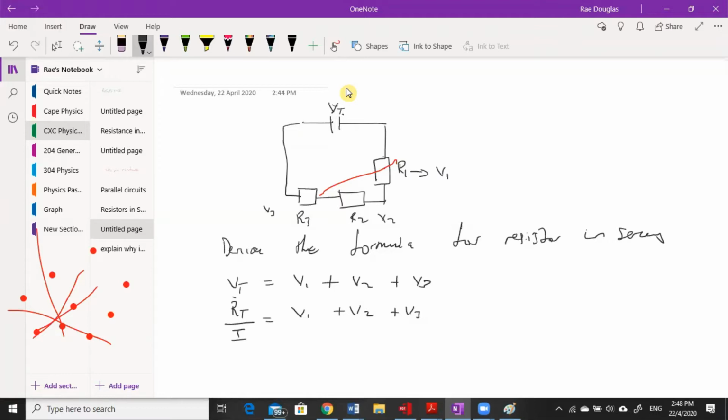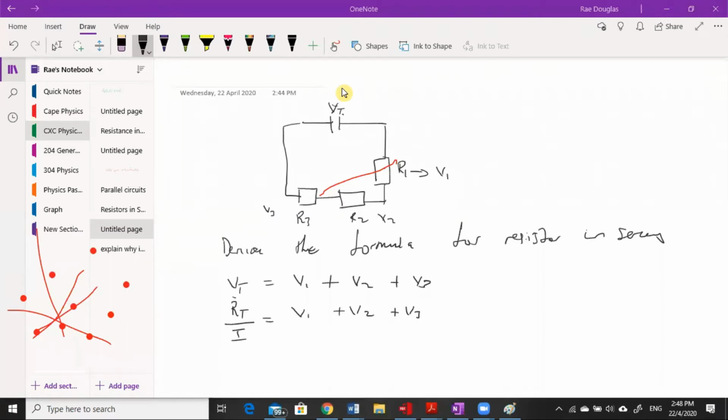Ask the question again for me, please. Instead of writing V1 plus V2 plus V3, you could just put VT for the total.